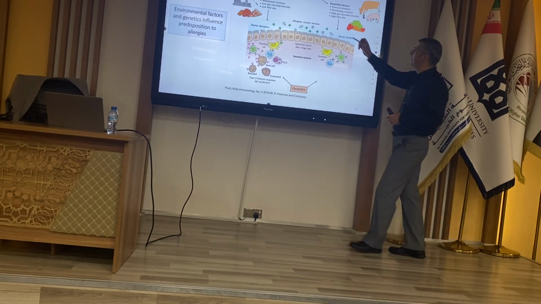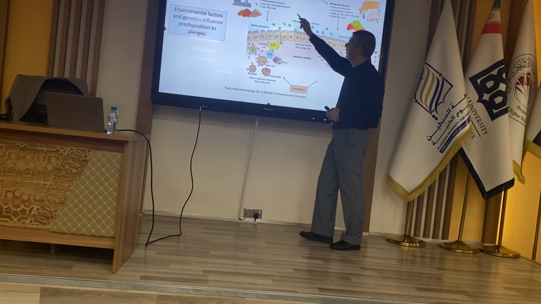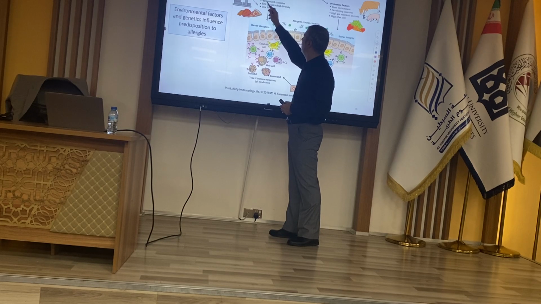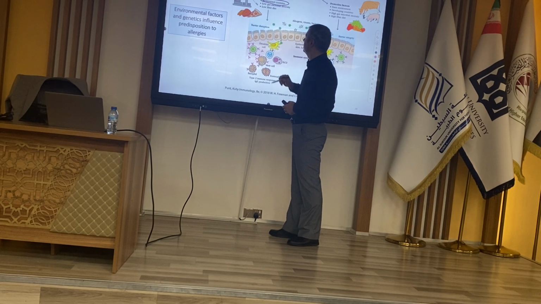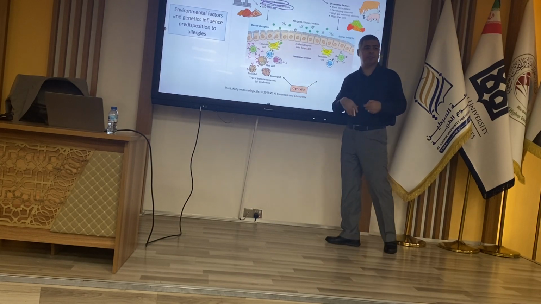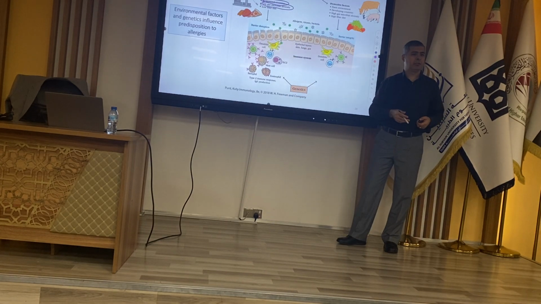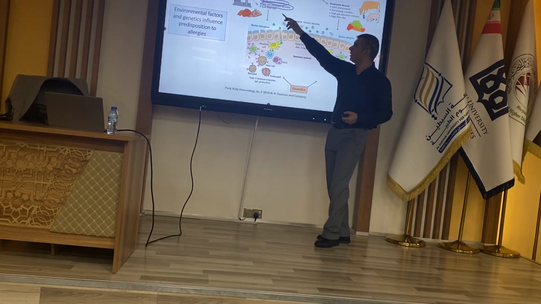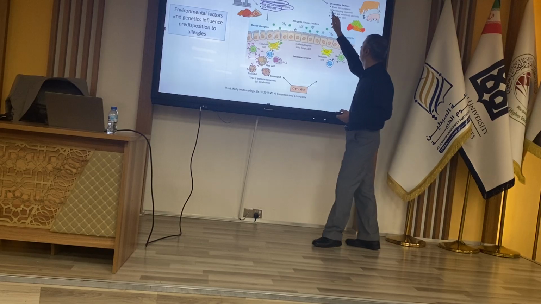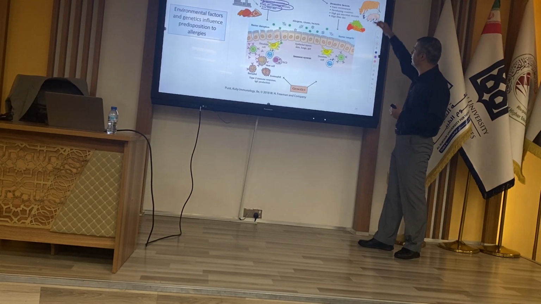So both environmental factors are involved, including air pollution, in developed countries where the hygienic condition is different, and low gut microbial diversity, which means dysbiosis. The microbiome of the gut is very important in allergy, as are low fiber diets, farm environment, and exposure to different kinds of allergens.